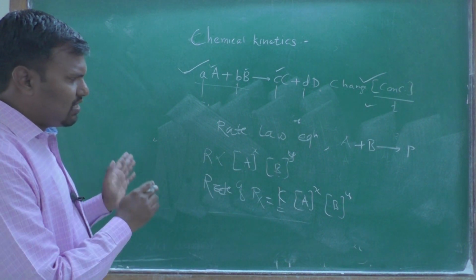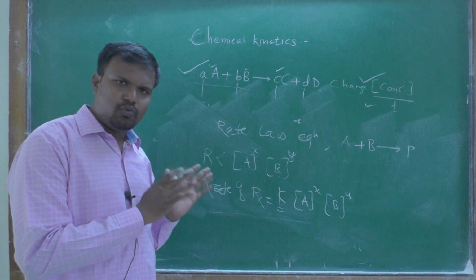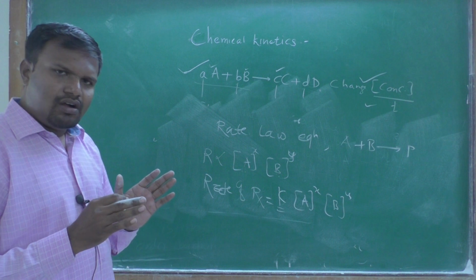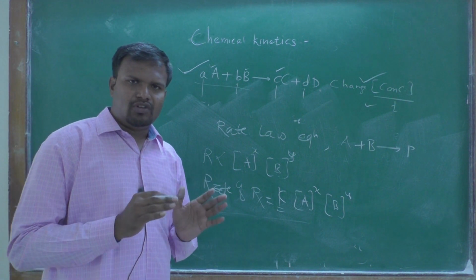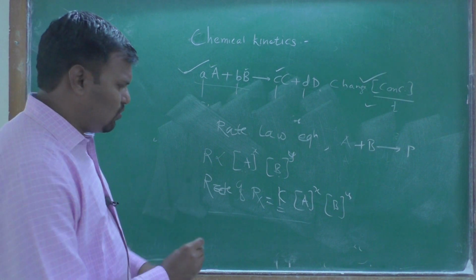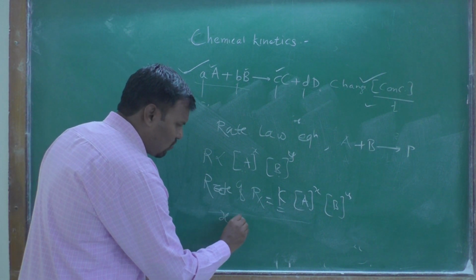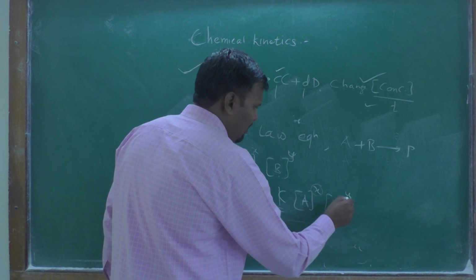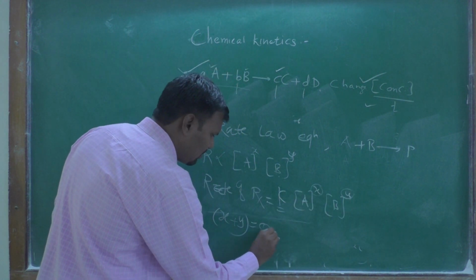This is the rate law equation. Then order is one of the concepts, order and molecularity. Order is given as x plus y, the summation of x and y is nothing but the order.